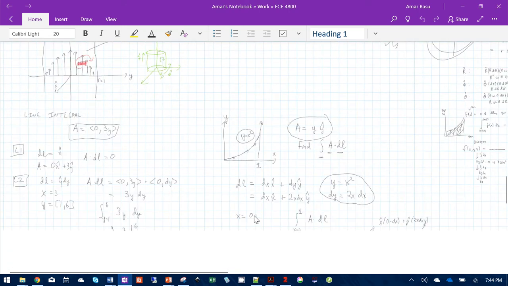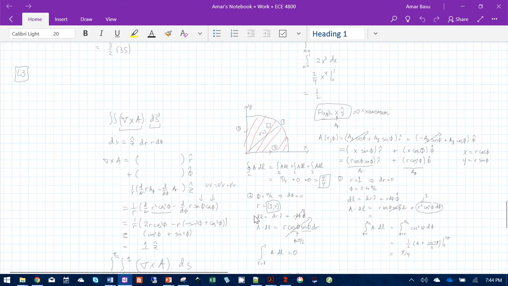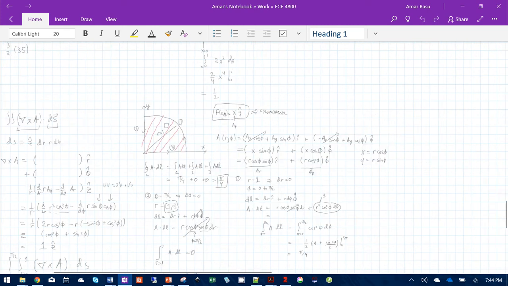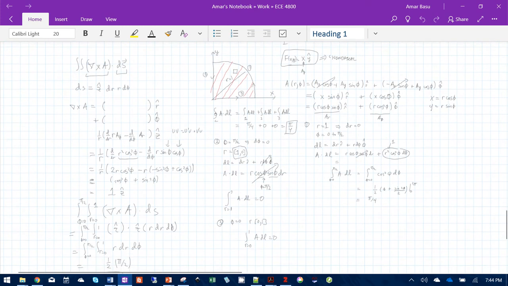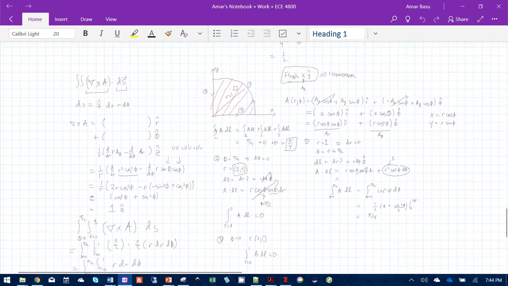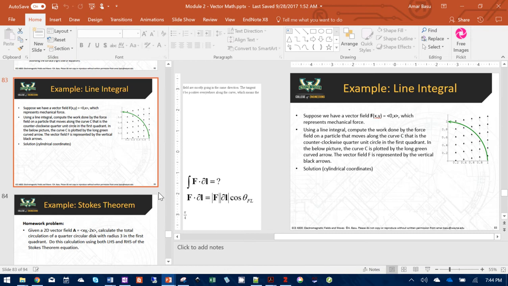We did line integrals, then we did Stokes theorem. Stokes theorem was for the field. I'm trying to recall which problem it was. Okay, it was a radius 1. So I believe it was this problem. Yeah?